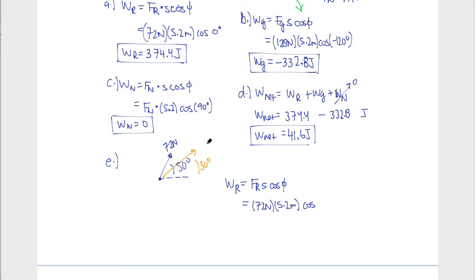So this new angle is going to be from the displacement vector to the force, and that is going to be a positive 20 degrees. So I will put that in as my angle, and my new work done by the rope will be 352. We'll go ahead and round this one. 352 joules.